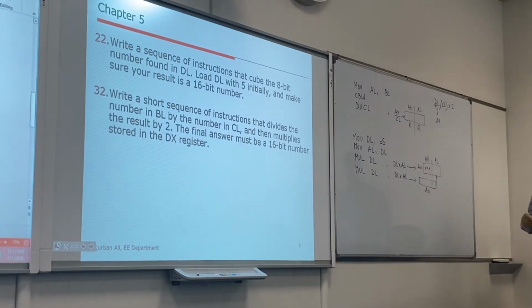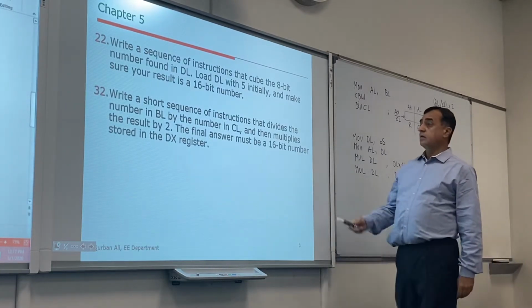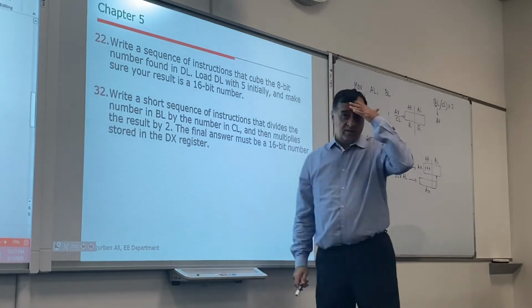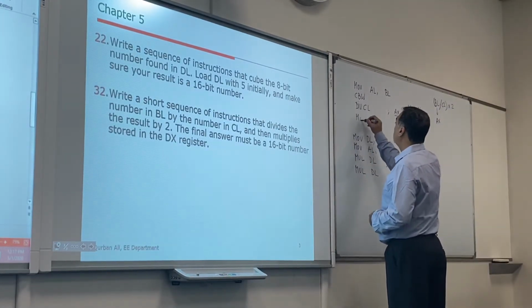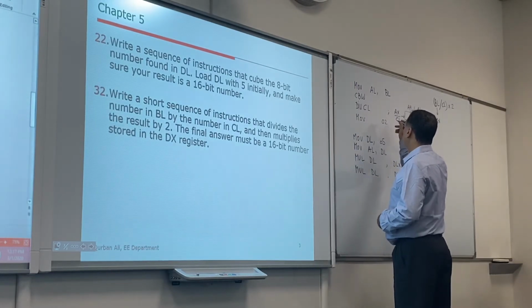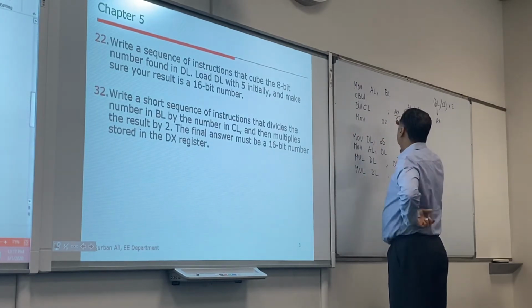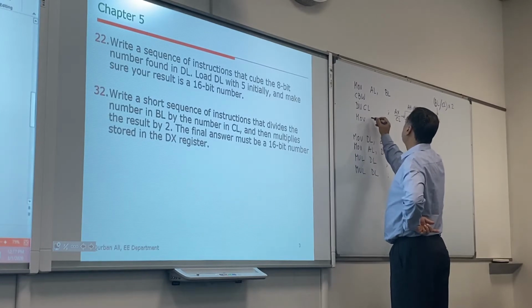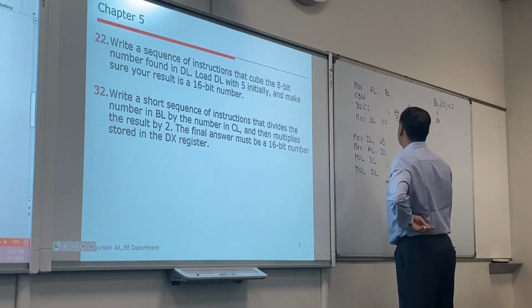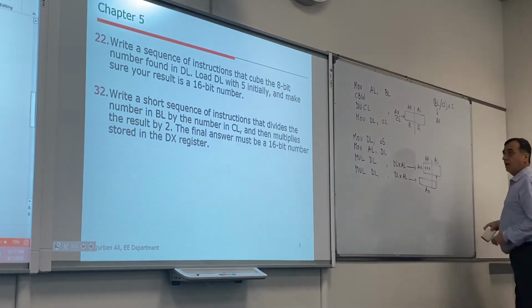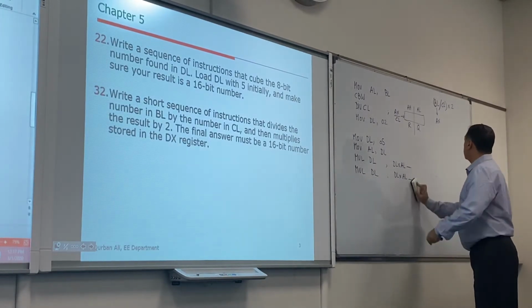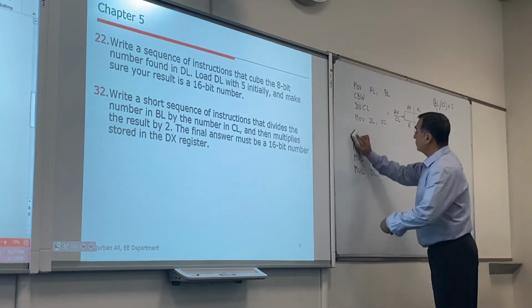Now what is the next? Multiply the result by 2. So what do I do? Move 2, or you can directly use 2. Move to which register you want to use? DL, right? Now I have 2 and I want to multiply with which value?